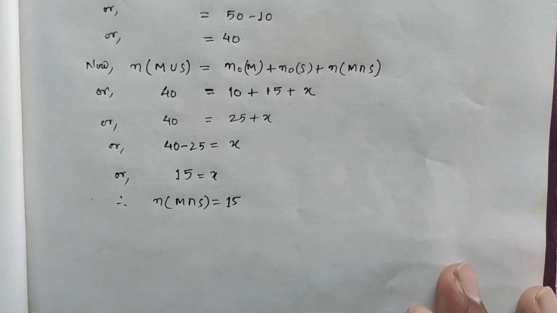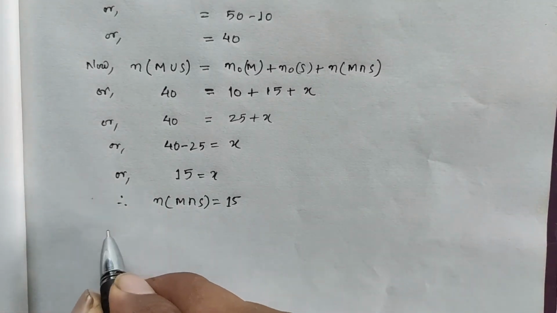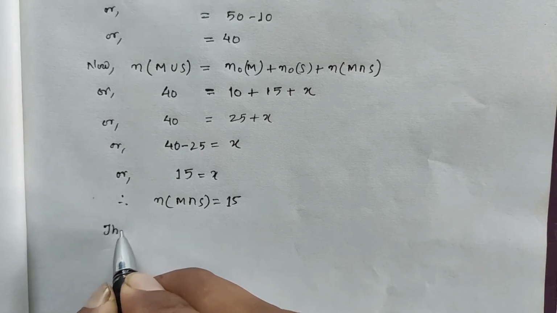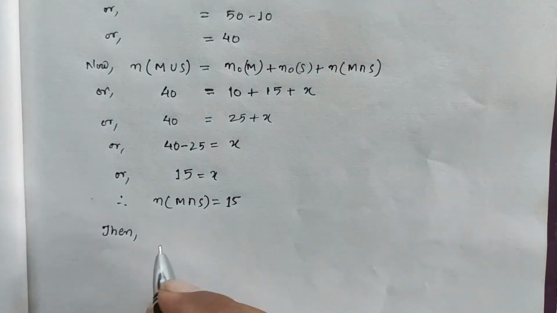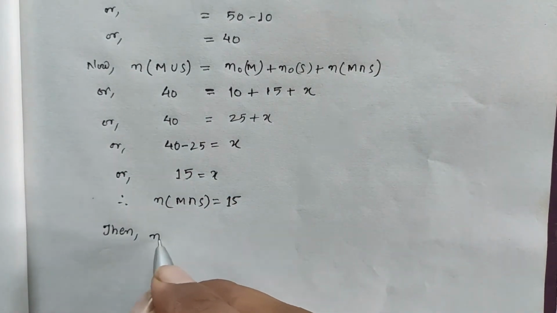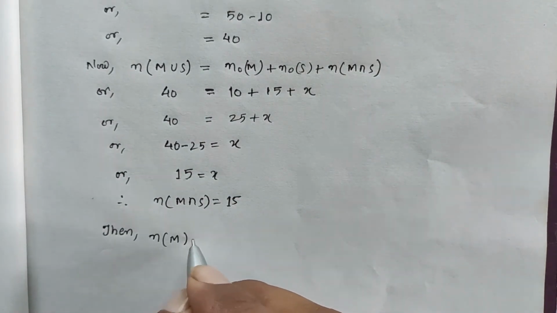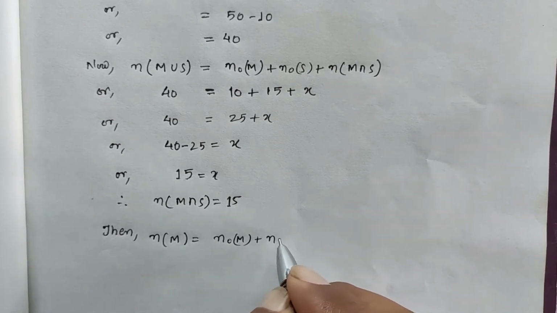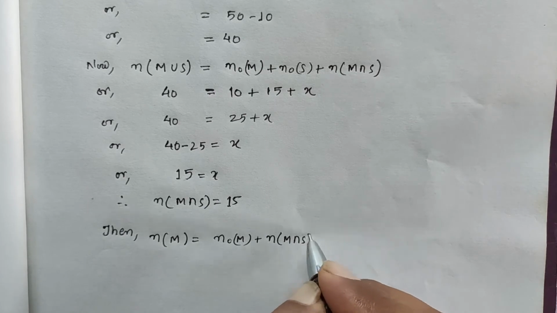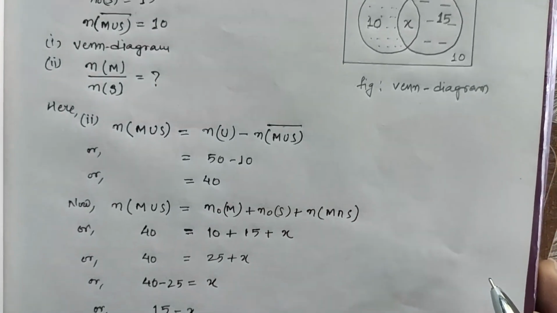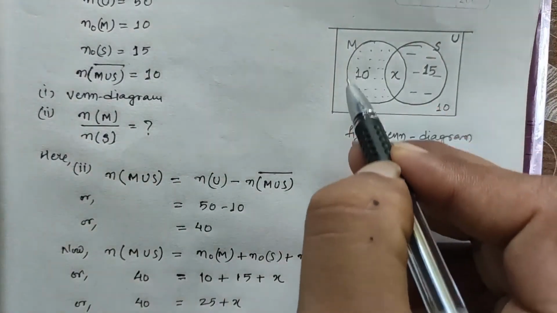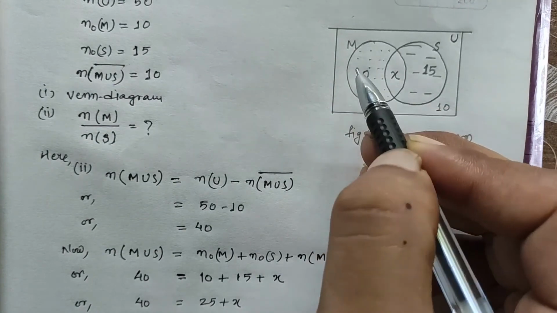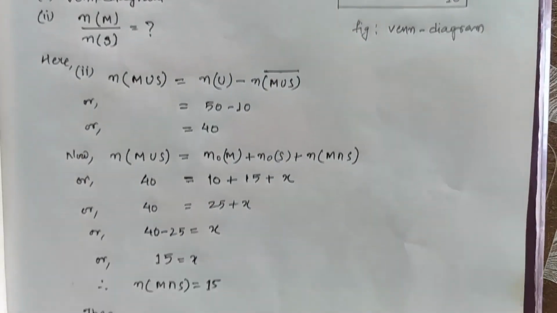Now we will find n(M). Now write then n(M). n(M) is how much? n only M plus intersection. See from the Venn diagram, n(M) is this only part plus the intersection part, the total.